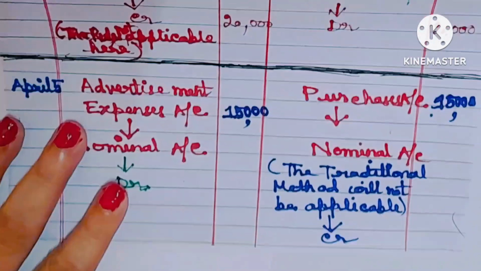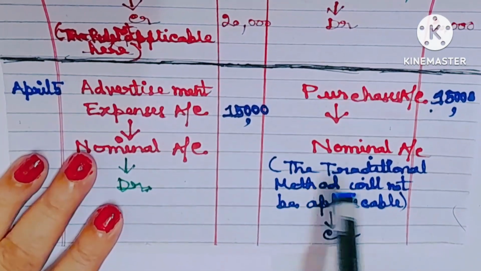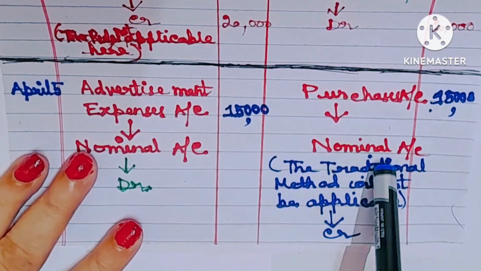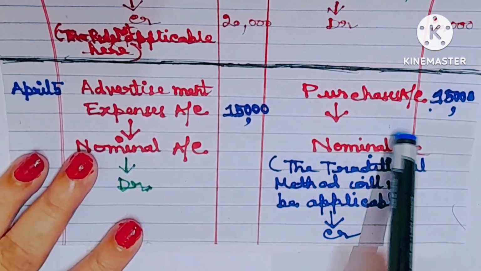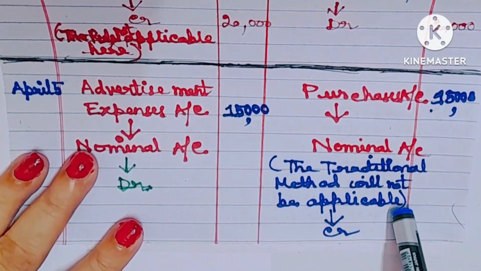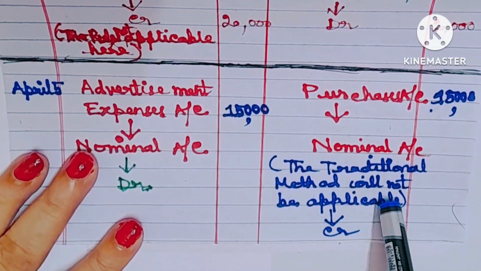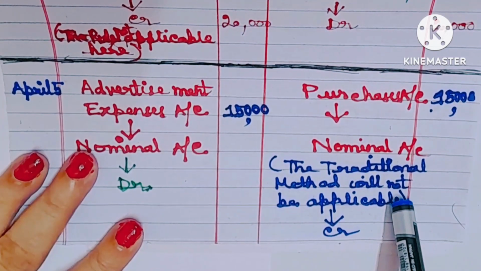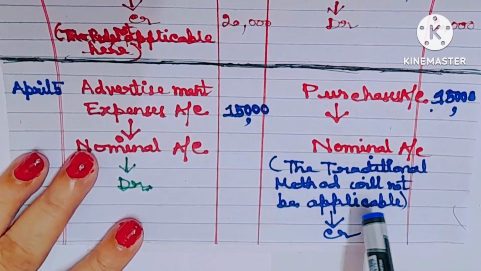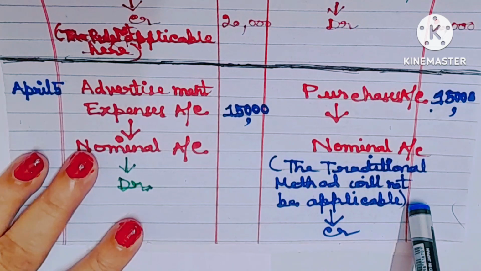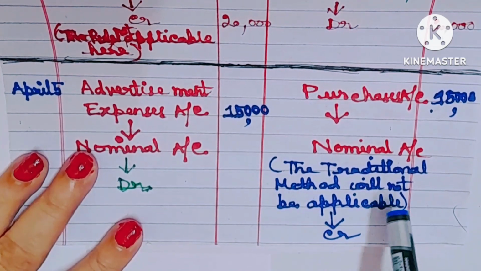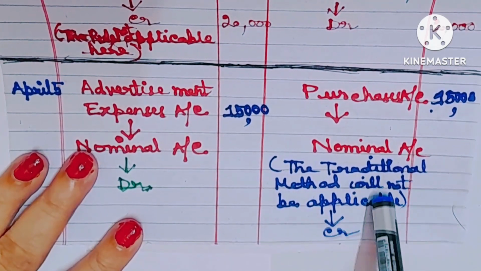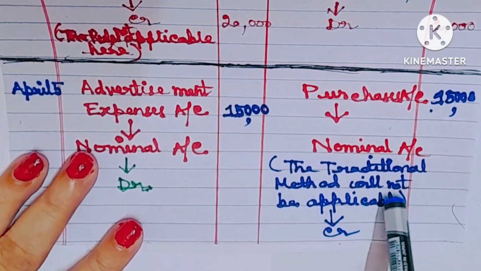Understood? Please remember, here also we have to write purchases account on the credit side, or we have to credit purchases account. Why? Because if we write purchases account on the credit side, goods worth rupees 15,000 automatically gets reduced or cancelled because goods are no more in the business.